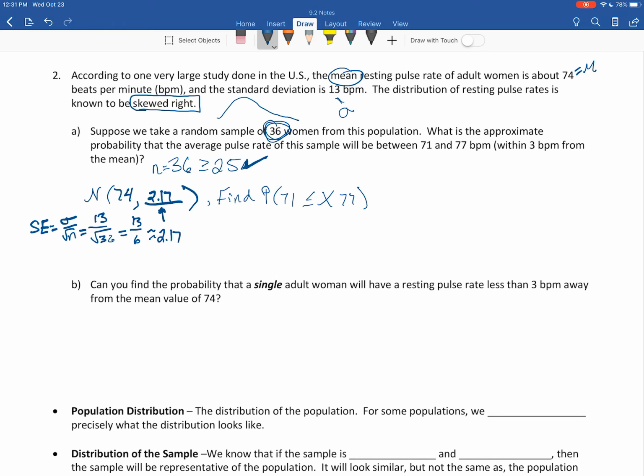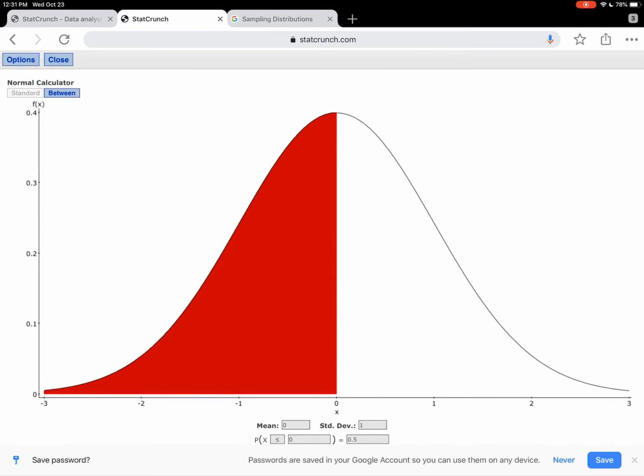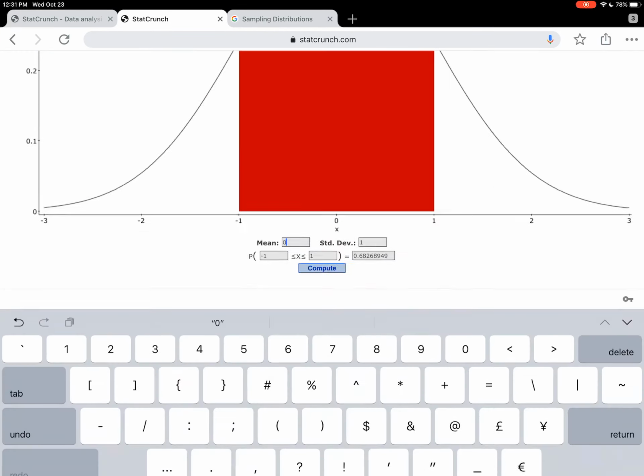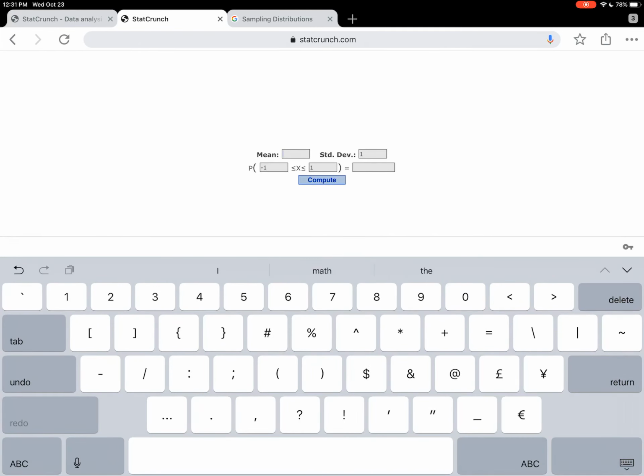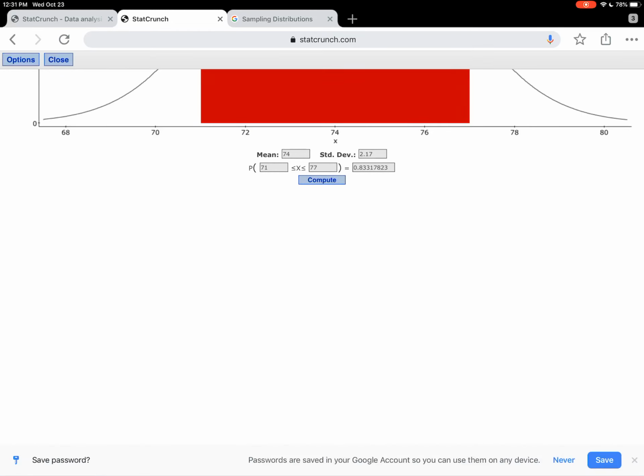So let's switch over to our normal calculator with this information. If we have a mean of 74, standard deviation of 2.17, find the probability of being between 71 and 77, compute.